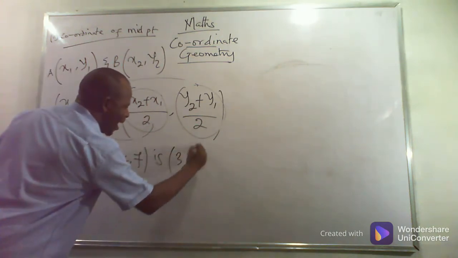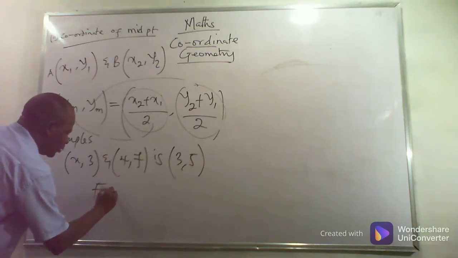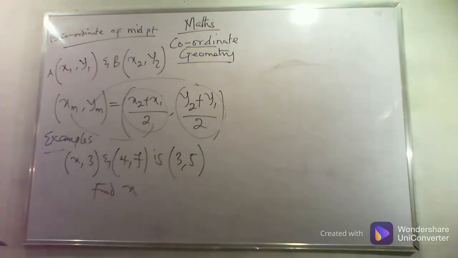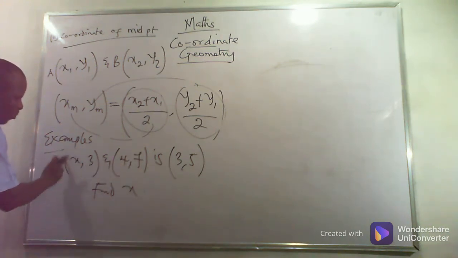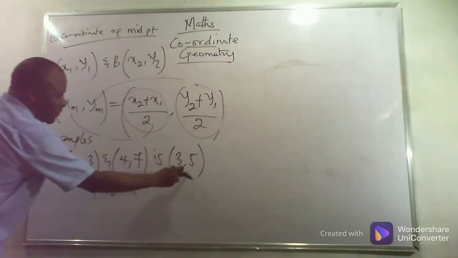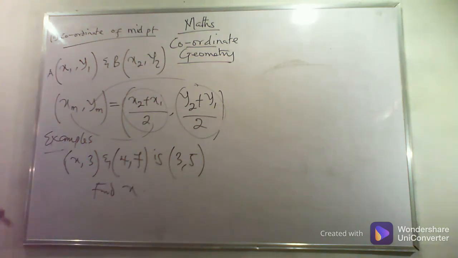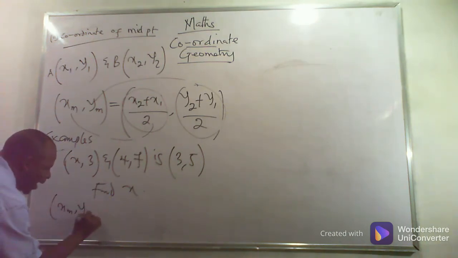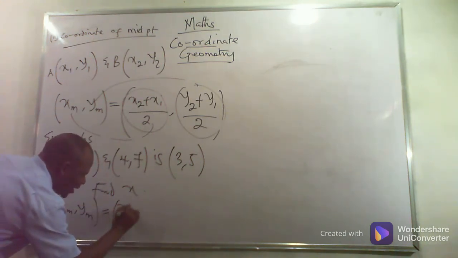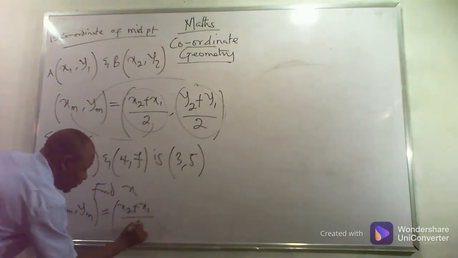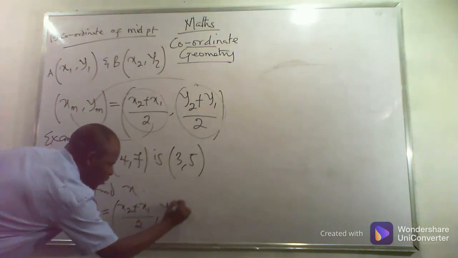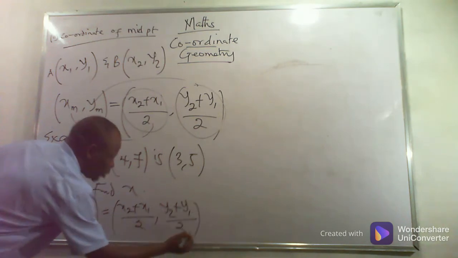is 3, 5, find x. Now you see, this is quite different from what you have been doing, because we are given the point with one unknown, and we are given the coordinates of the midpoint, but it's still solvable and it's still simple. How do we know? xm, ym is always x2 plus x1 divided by 2, y2 plus y1 divided by 2.